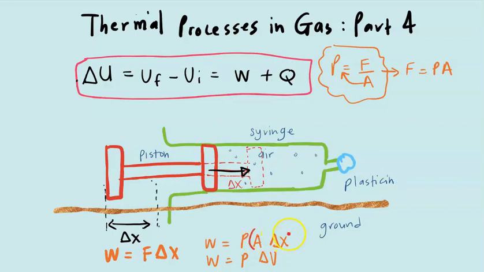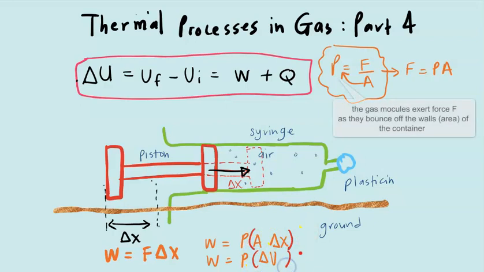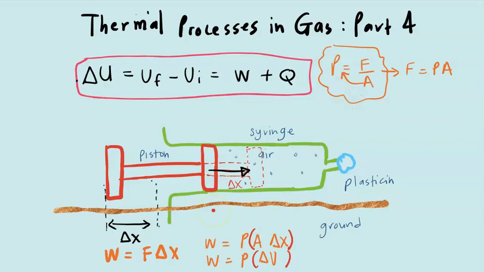So again, area times a distance or area times a height is equal to delta V. So work done can be described as pressure times volume. Does that sound more relatable to a gas system? Yes. So work done on the gas system is equal to P times delta V.